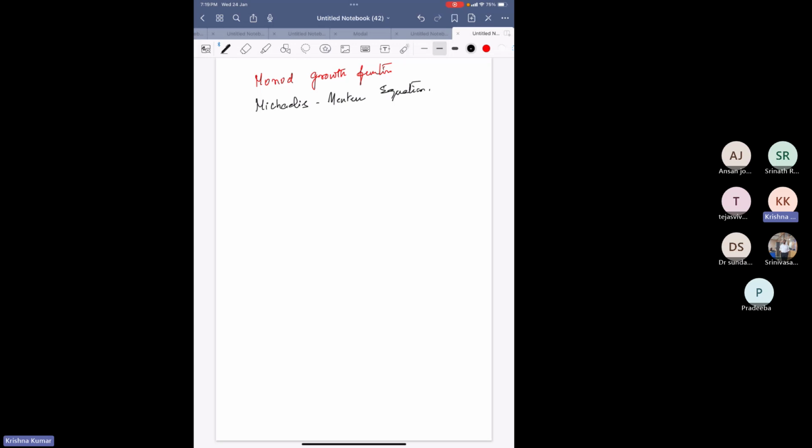Anyone familiar with it? Enzyme kinetics? I guess it should be the bacterial growth or something like Monod's equation. Yeah, Monod's equation is, say for example, the equation reads something like this.